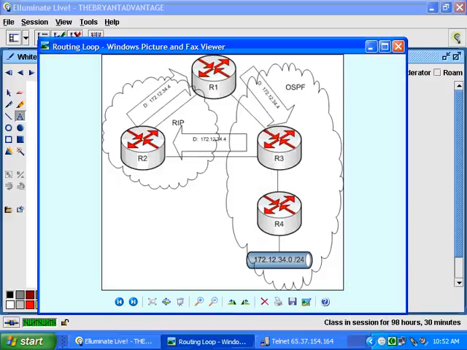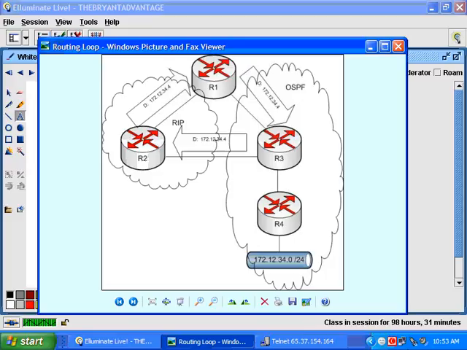And in this drawing, we see that the packets have actually entered a routing loop. And they're going to go back and forth between the same group of routers over and over and over. And again, traceroute is an excellent tool to detect a routing loop. That's why you don't want to just rely on pings.